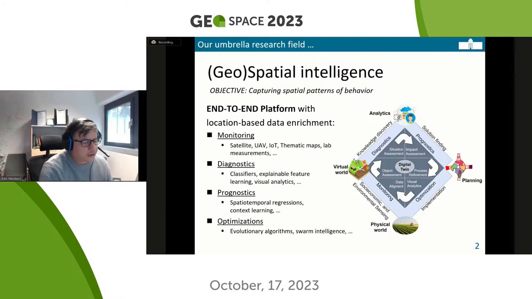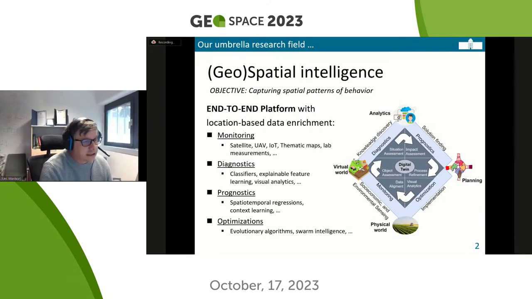In the monitoring layer, we are trying to gather as much data as possible from various data sources and data streams, and align them in time and space in order to provide a comprehensive picture of what is going on in the geospace.